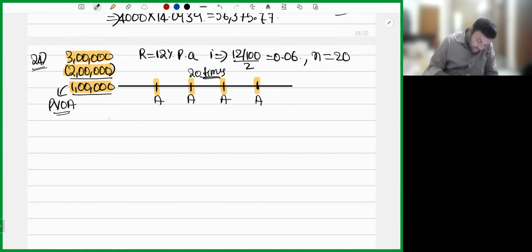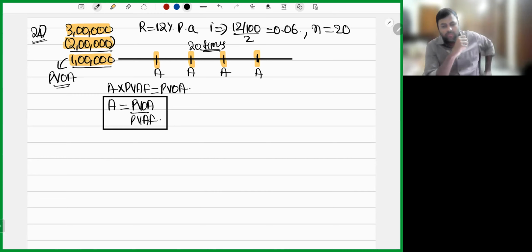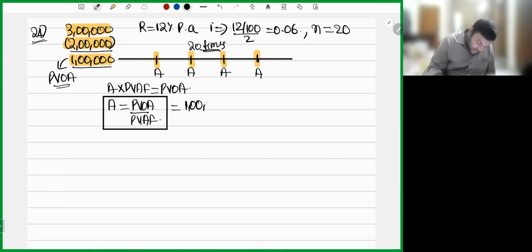Now, you remember A into the present value annuity factor will be the present value of the ordinary annuity. Then can I say A is equal to the present value of the ordinary annuity divided by the present value annuity factor? Obviously, I can do cross multiplication here. So what is the value of A? A will be the present value of the ordinary annuity divided by the present value annuity factor. So 1 lakh whole divided by the factor.